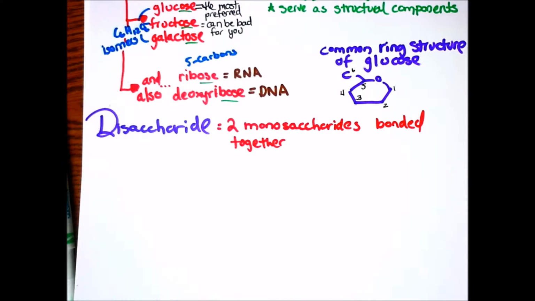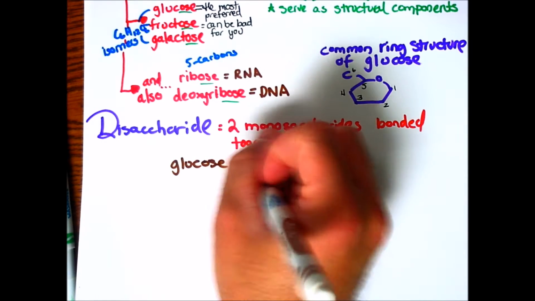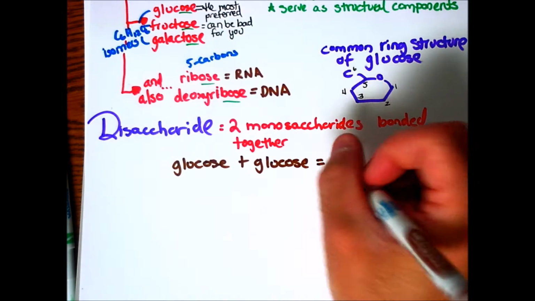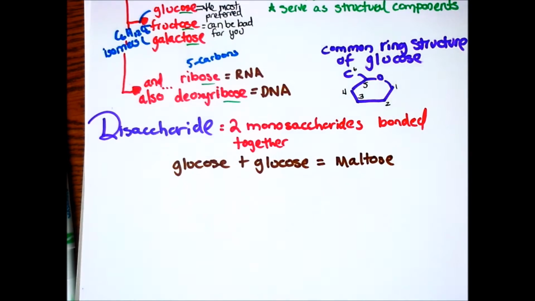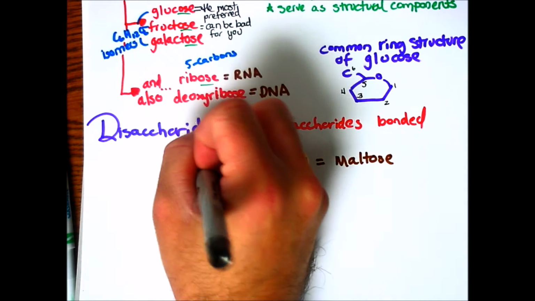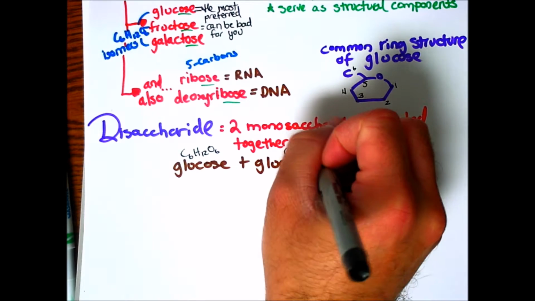So if you take a glucose, you could bond that glucose to perhaps another glucose. When you do that, you would end up with a molecule called maltose. Glucose is C6H12O6. The other glucose, of course, is C6H12O6.